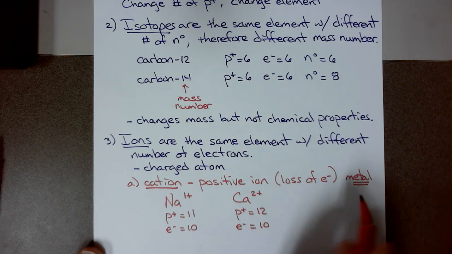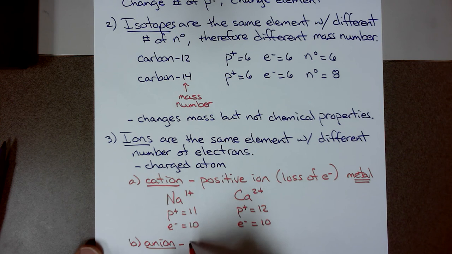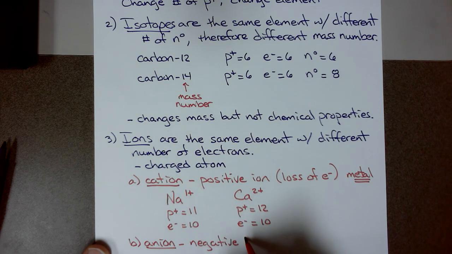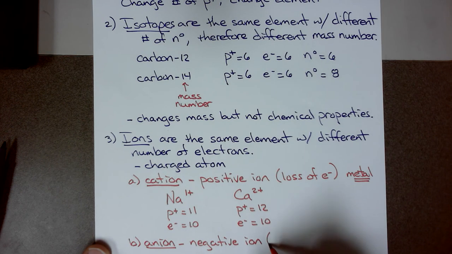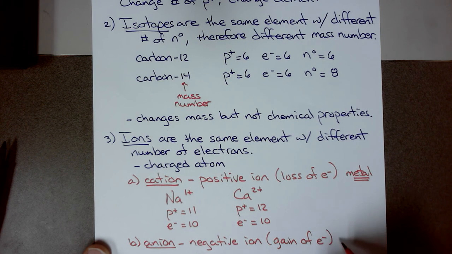This happens with metals. Then we have the anions. An anion is a negative ion, and what has happened here is a gain of electrons. These are usually nonmetals.